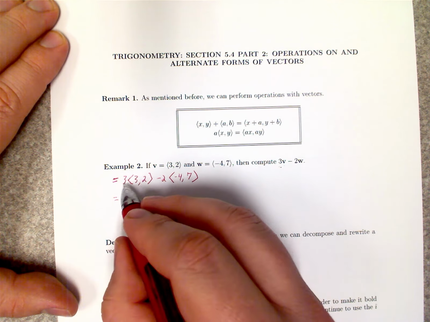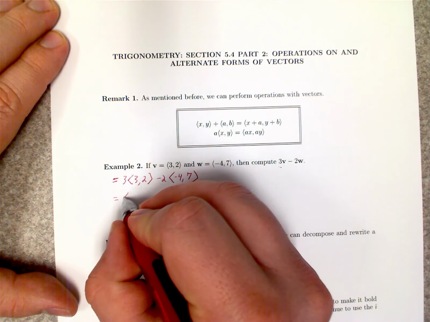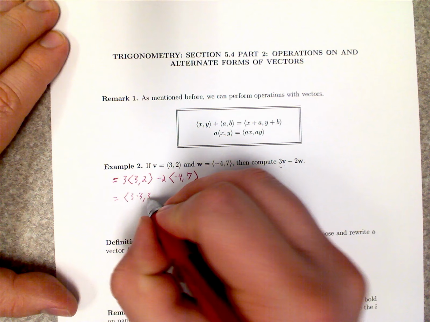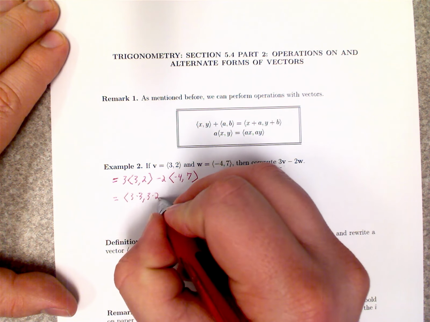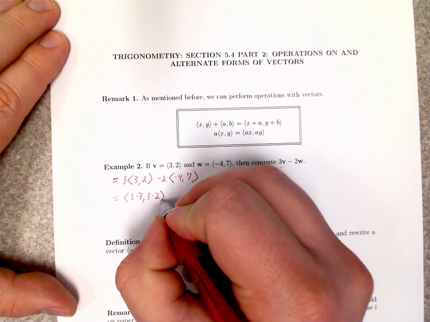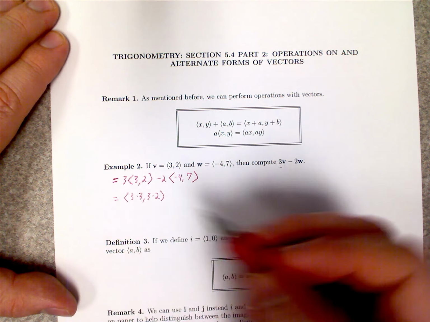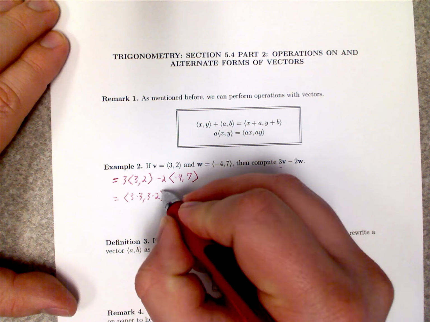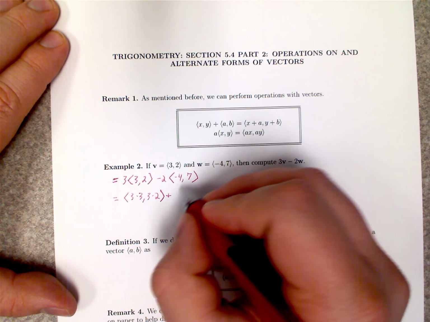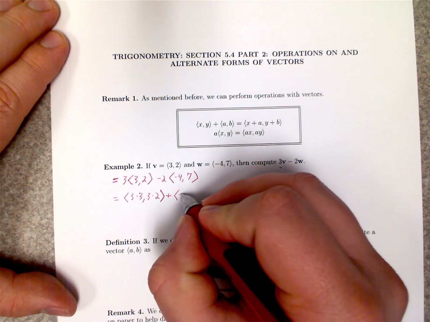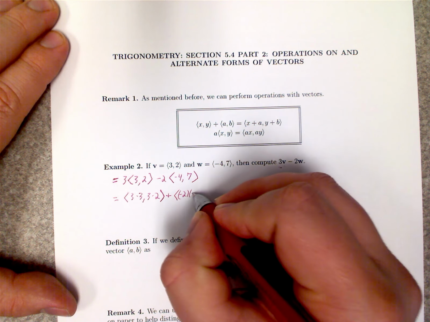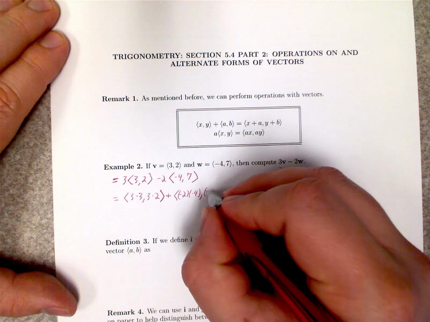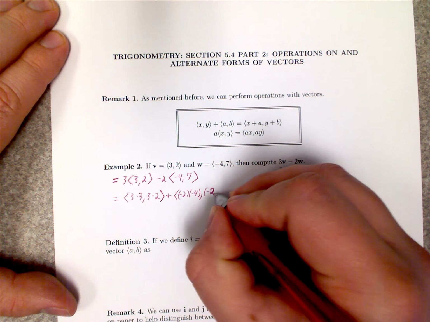We can multiply, so that's 3 times 3, and then 3 times 2. And then we can take the negative with the 2, so we're actually adding: negative 2 times negative 4, comma, negative 2 times 7.